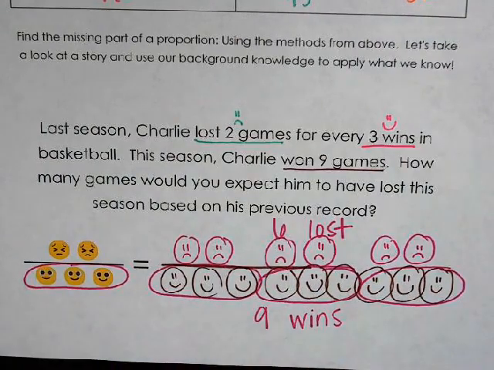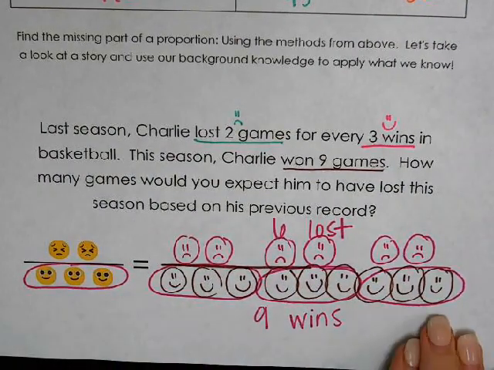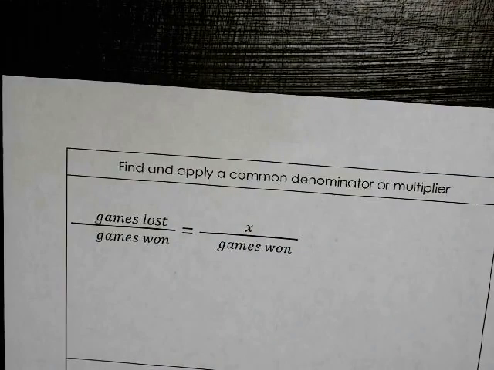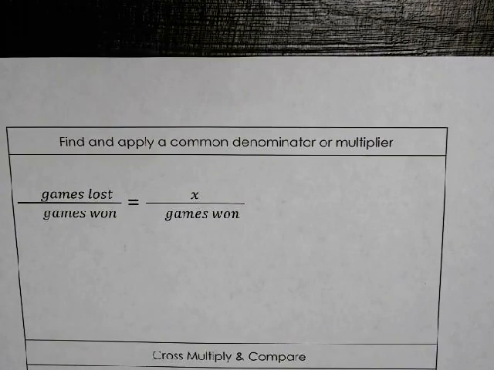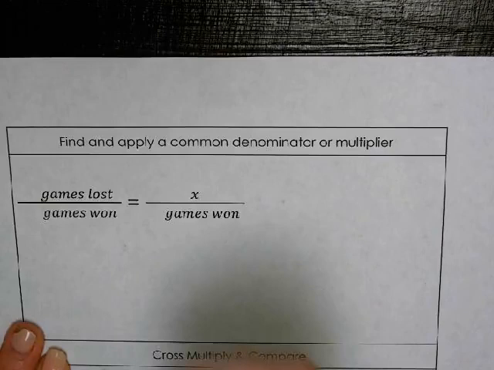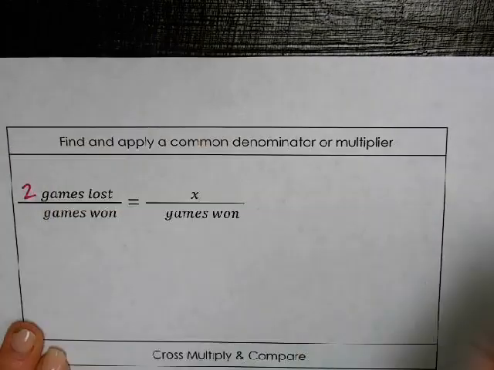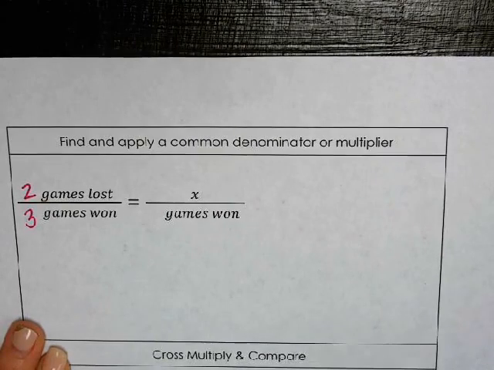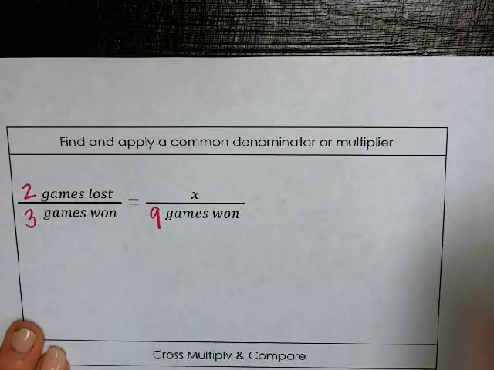Now, we're going to apply this with pictures, but we could also check it with numbers and just words. We could try to find a common multiplier or denominator. So again, let's take the numbers we know. Charlie had lost 2 games every time he won 3. Now we know for this season he has won 9 games.